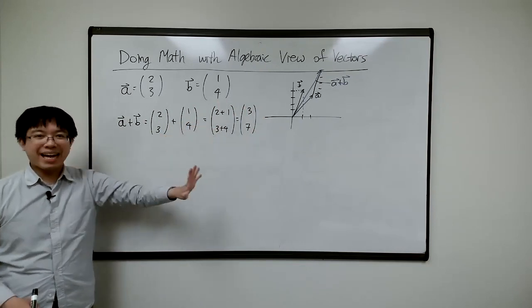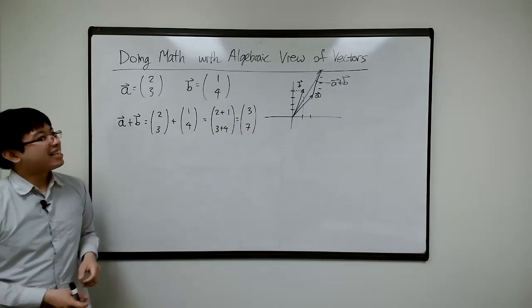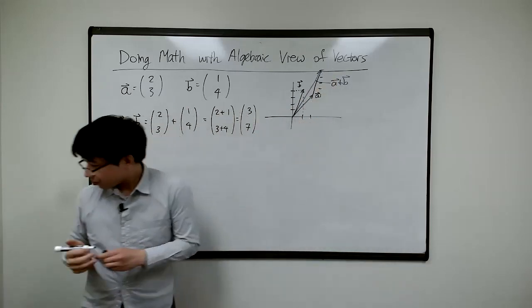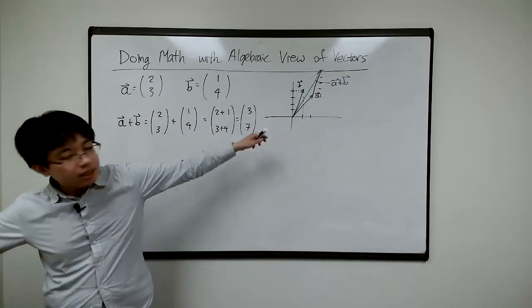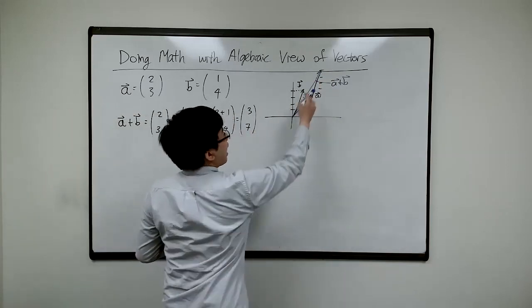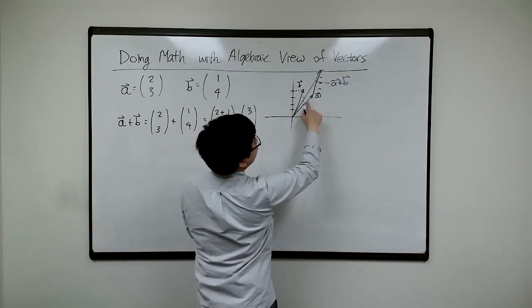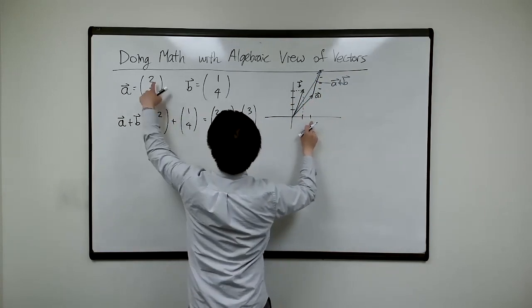But before we jump ahead of ourselves, let's make sure this is true, not just because I say that it is true. So let's look at this diagram over here. Look at the blue. How many units in the X direction has it gone? Well, first, it went through A, 2 units in the X direction.